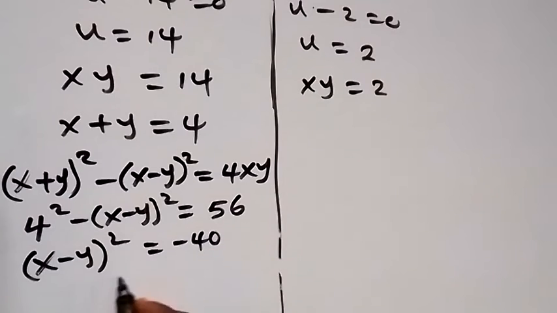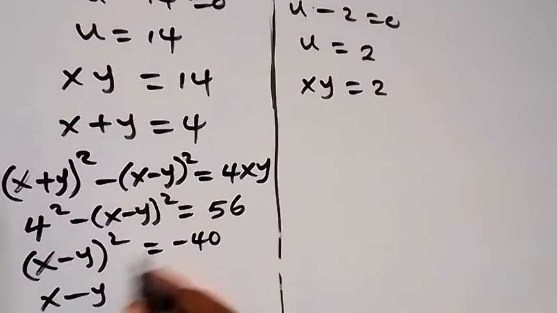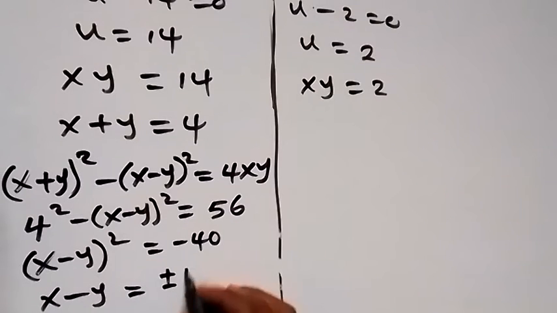And by the time we take the square root on both sides, here we have x minus y, because square and square root cancel, and here we have plus or minus square root of minus 40. And we can also separate square root of minus 40 as square root of 4 times 10 times minus 1. And square root of 4 is 2.